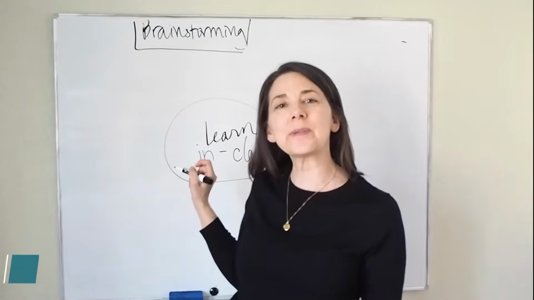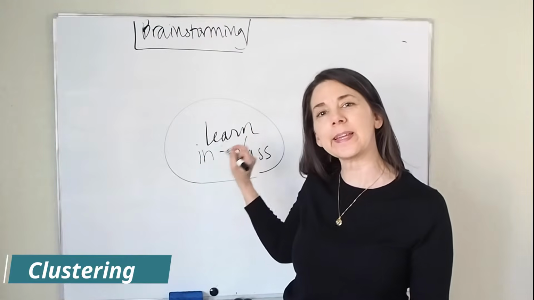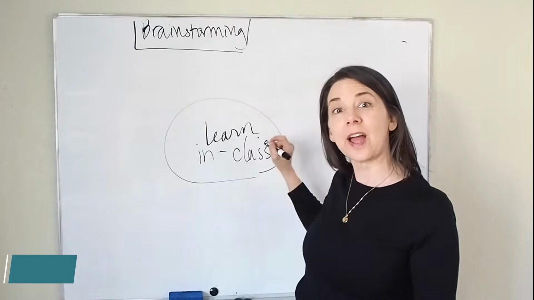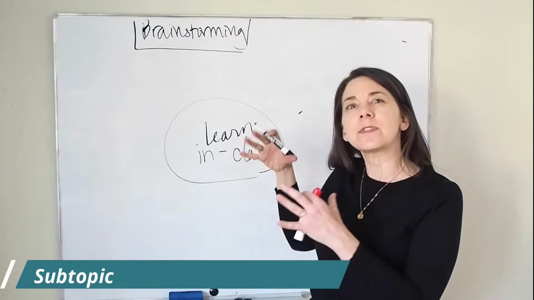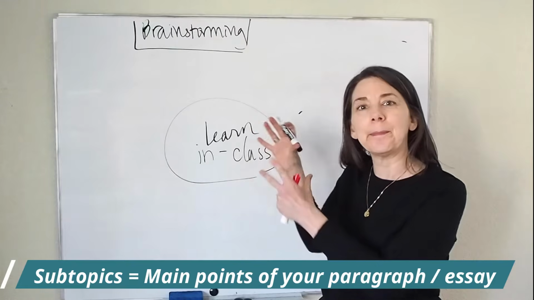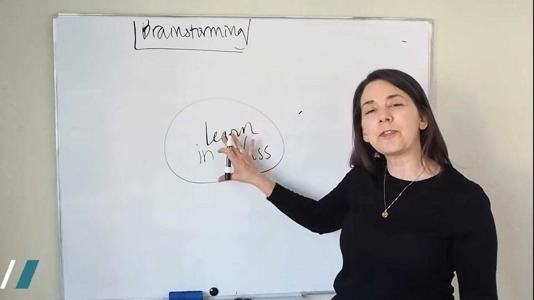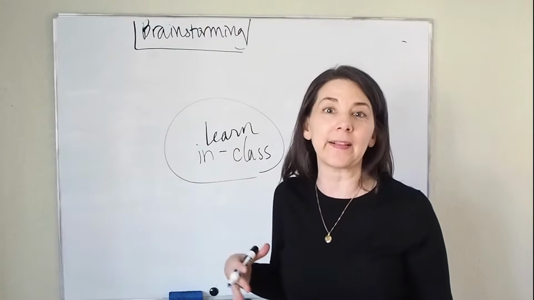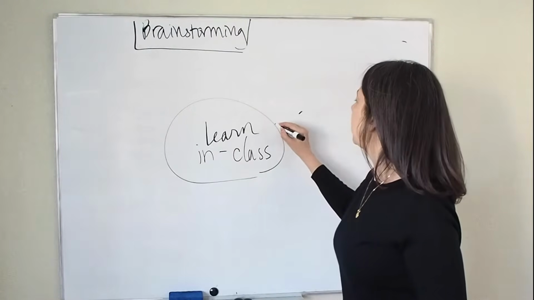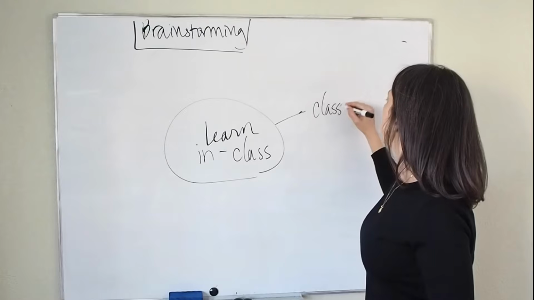To do a clustering brainstorm, I'm going to put my topic in the center and then I'm going to branch out. And I want to branch out to some kind of subtopics or main points. So the first thing I want to say for learning in class is that I can be with my classmates. So I'm going to put a bubble here for classmates.